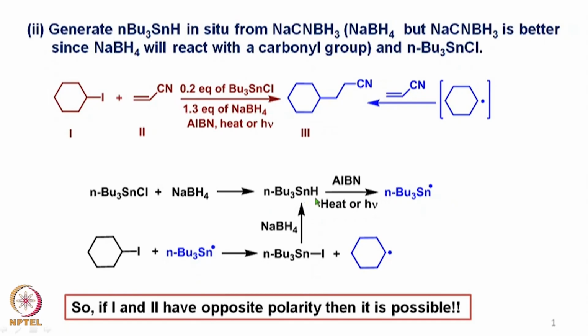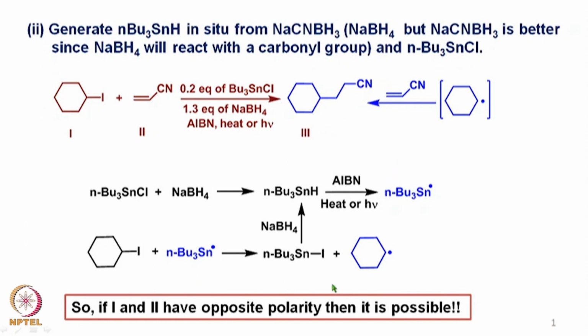And this tributyltinhydride, under the conditions where we use AIBN as a catalytic amount, and of course we either heat or photolyze the reaction medium, generates the tributyltin radical. Now this tributyltin radical will abstract the iodine from here, as I have shown, to generate the cyclohexyl radical, and this cyclohexyl radical will add on to the acrylonitrile to form the corresponding CC bond.